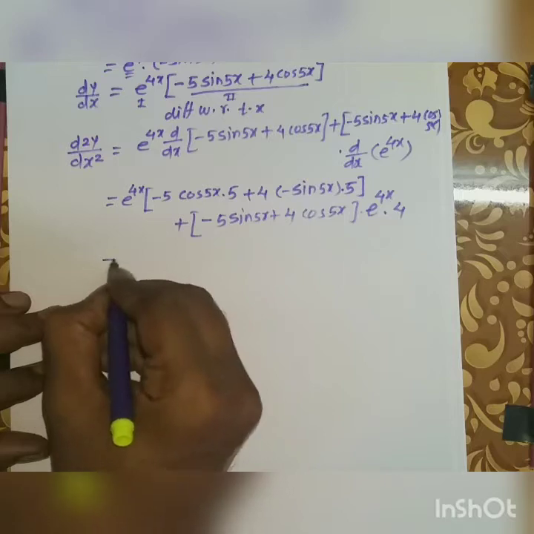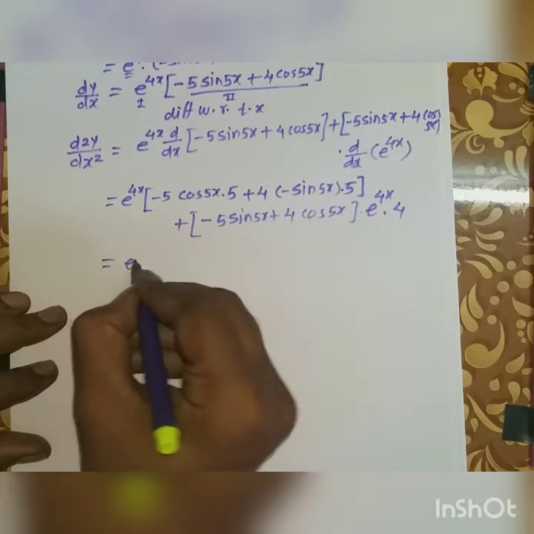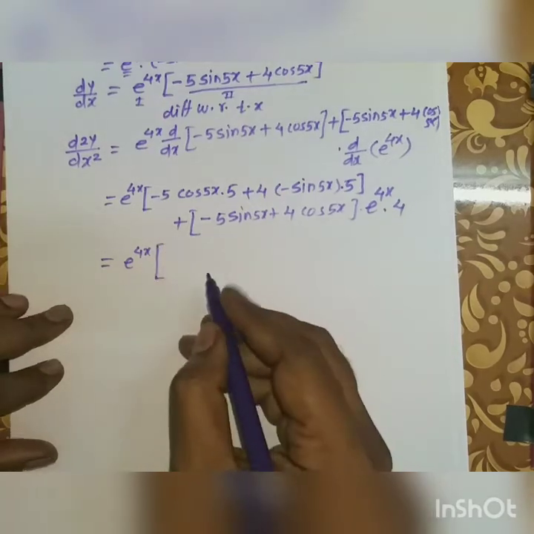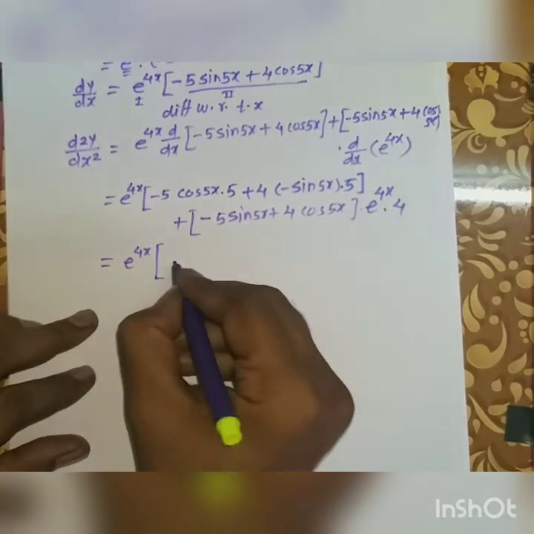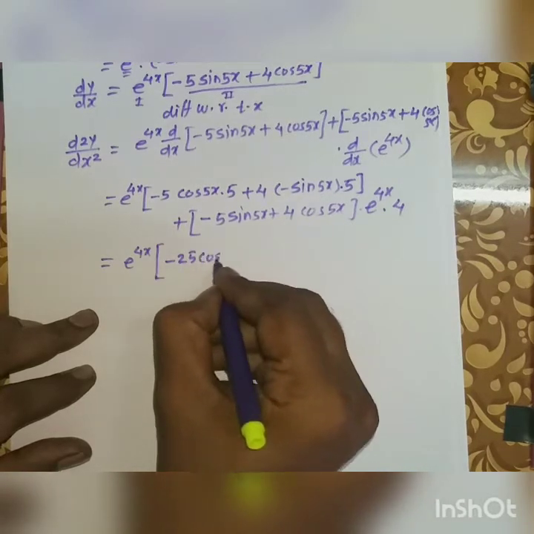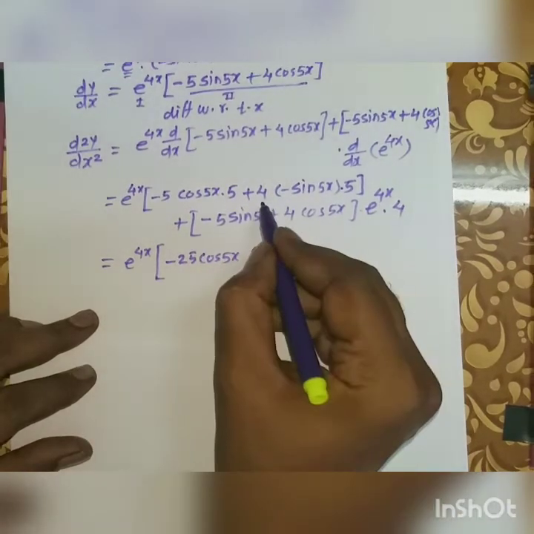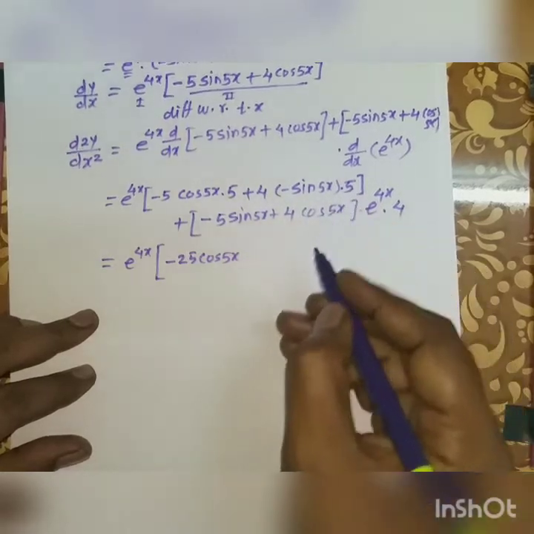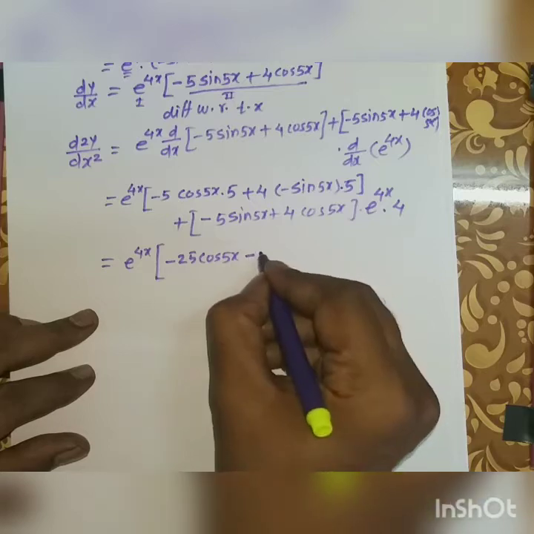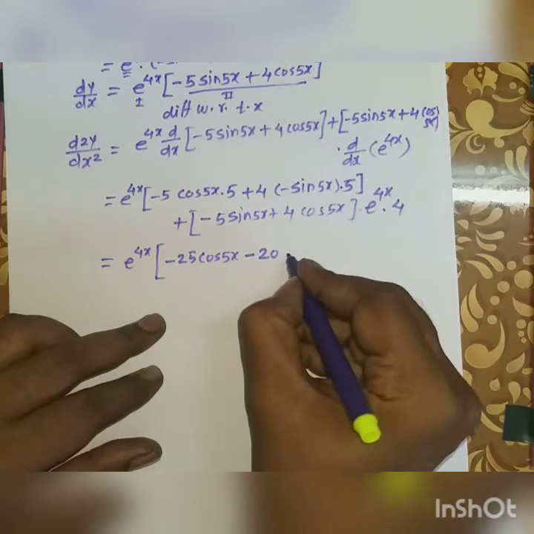Now again, in these two terms take e raised to 4x common, e raised to 4x bracket, this 5 into 5 minus 25 cos 5x, 4 into this 5 plus, minus 20 sin 5x.